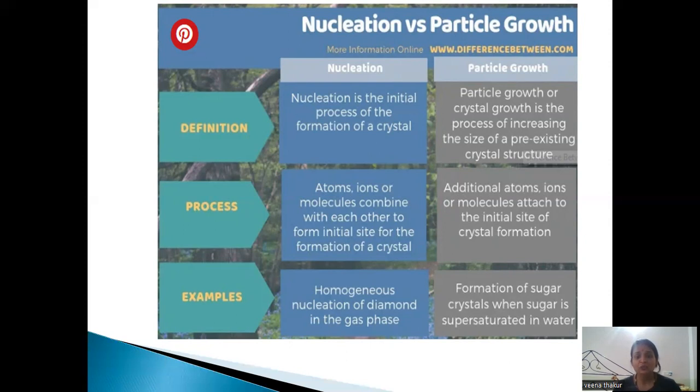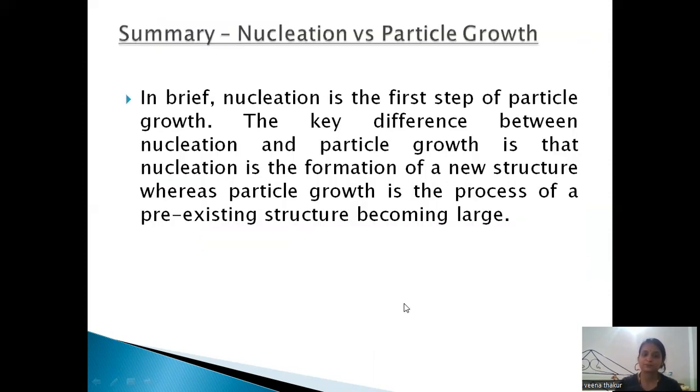Atoms, ions or molecules combine with each other in nucleation to form the initial site for the formation of a crystal, while in particle growth, additional atoms, ions or molecules attach to the initial site of the crystal formation. An example of nucleation is homogeneous nucleation of diamond in the gas phase, and for particle growth, the formation of sugar crystals when sugar is supersaturated in water.